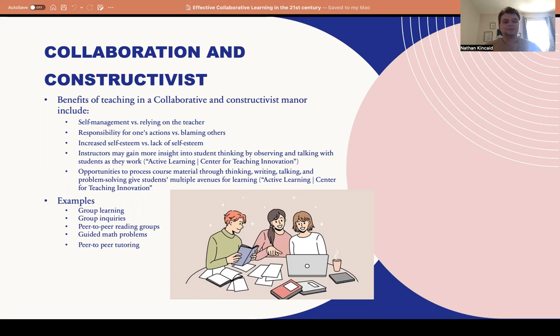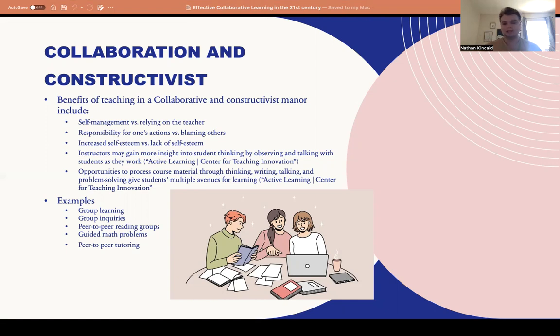Moving on to responsibility for one's actions versus blaming others. So now that we're in a collaborative setting, your role is way more important because it's no longer just your grade, it's everybody else's grade. And therefore, if you don't do your part, you're letting your group down and you're letting your grade down versus blaming others. If a student didn't do their work and it was a solo project, the only person they have to blame is themselves.